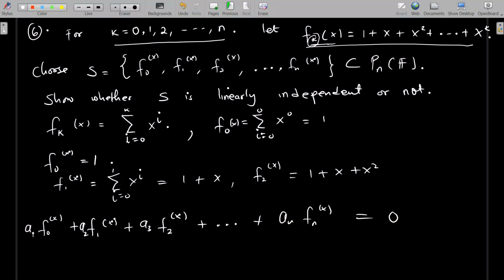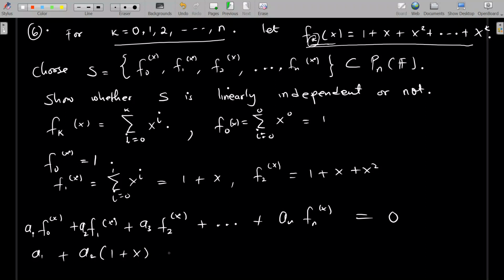Now if I put in every one of them, every expansion of the general form, f sub 0 is just 1, so I have a1 times 1, which is 1, plus a2 into 1 plus x, is it x squared or something, right?